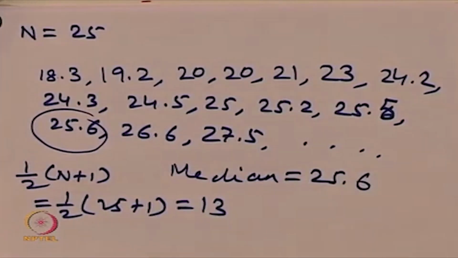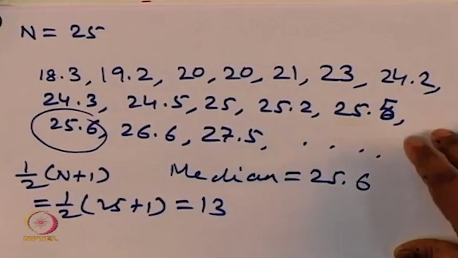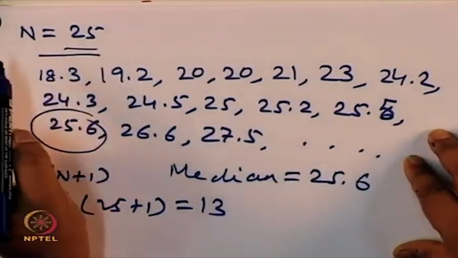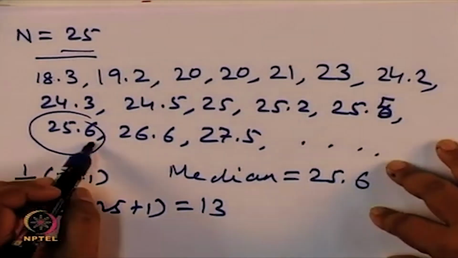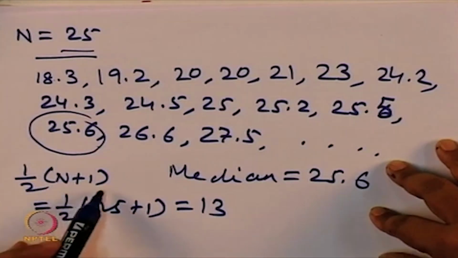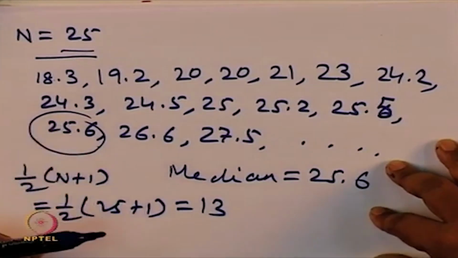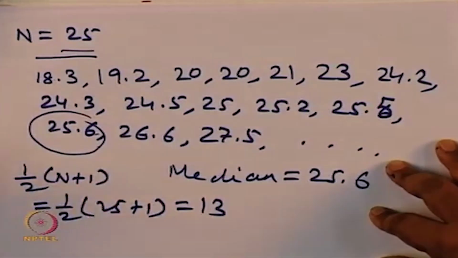Sometimes you will get an exact value. When your number of data points n is odd, then half of n plus 1 will give you an exact value, so you directly choose this value. But when n is even, half of n plus 1 will give you a fraction, so you have to interpolate between two numbers, as was the case previously.